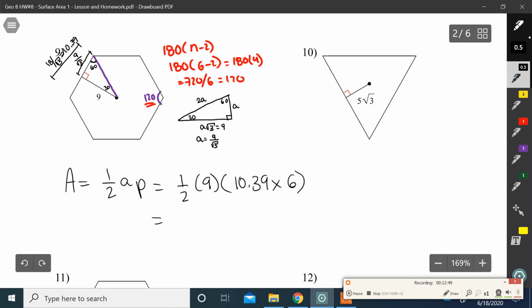So we are going to multiply 10.39 times 6 times 9, then divide by 2. This is what I got on my calculator, 280.5922, which I could simplify to 280.6.